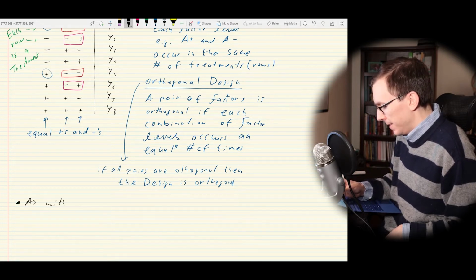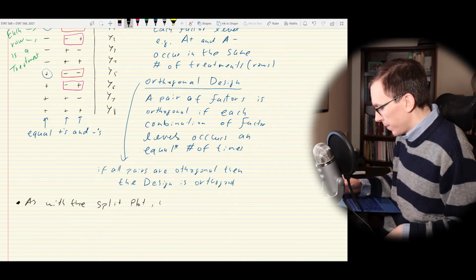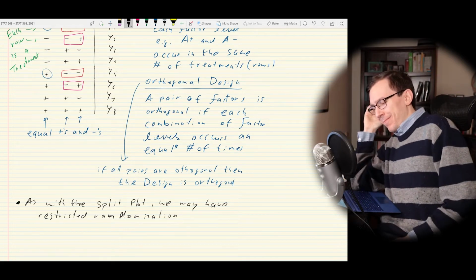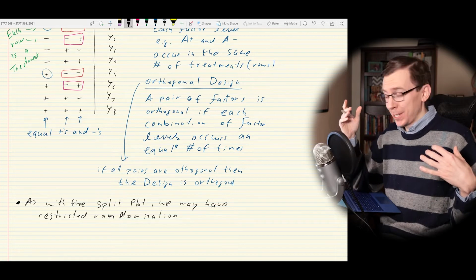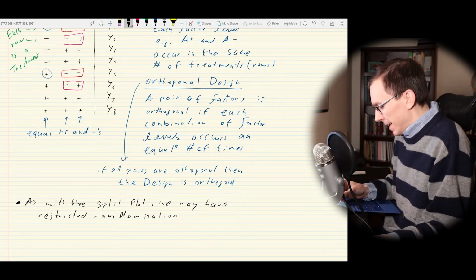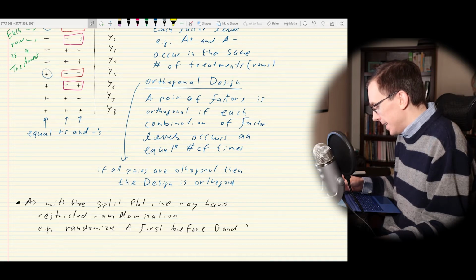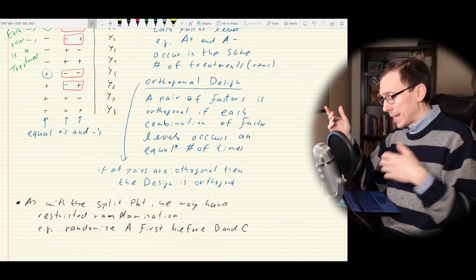As with the split plot, we may have restricted randomization, where we have to, e.g., randomize A first before B and C. So that could be the case, or we could just fully randomize it.